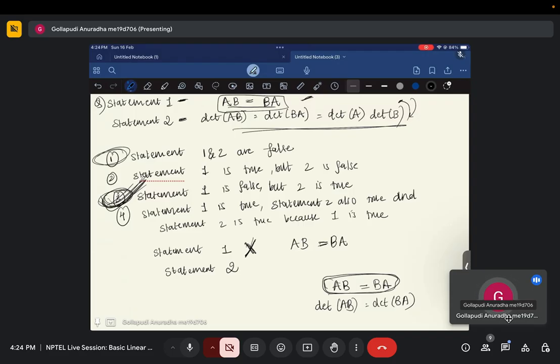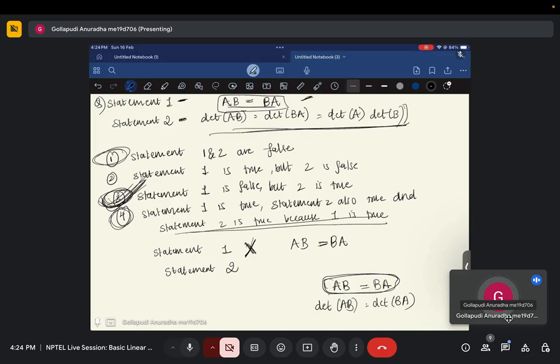If statement 1 is true for some combination of A and B, then statement 2 will be true. But the reverse is not true: statement 2 being true does not make statement 1 true. You understanding?